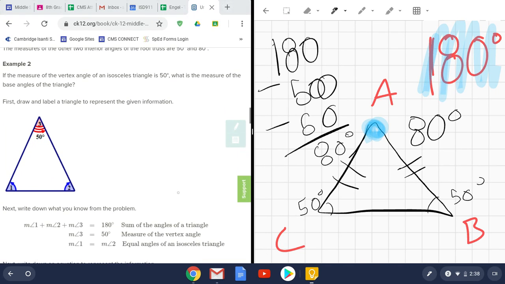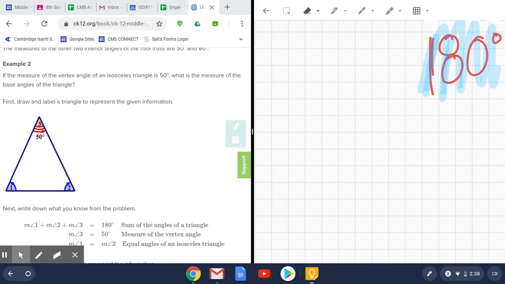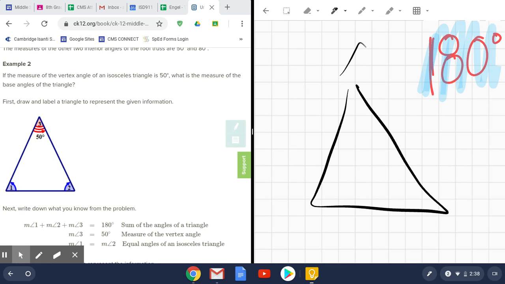All right, let's look at example 2 here. Example 2, my friends. If the measure of the vertex angle of an isosceles triangle is 50 degrees, what is the measure of the base angles of the triangle? So we have a triangle that looks like this, right? Triangle A, B, and C. That's a 6.